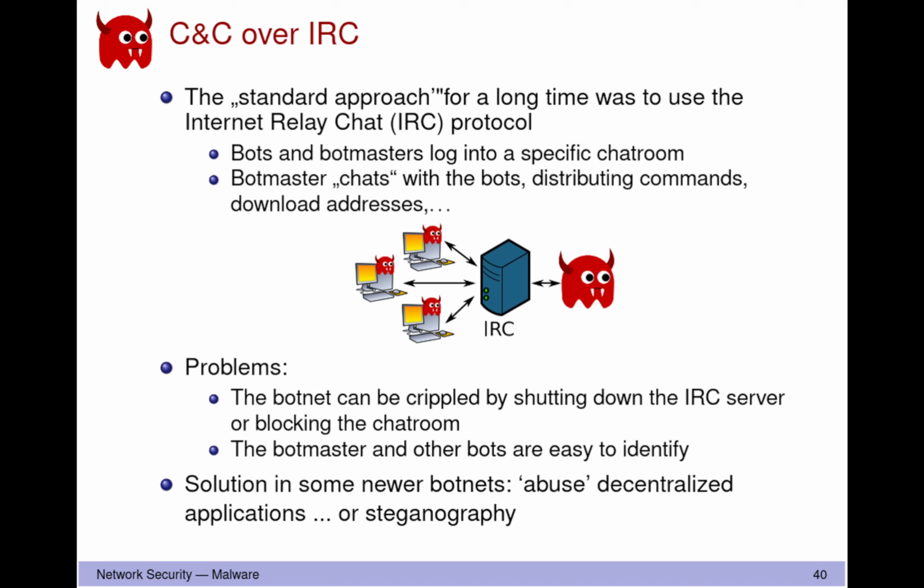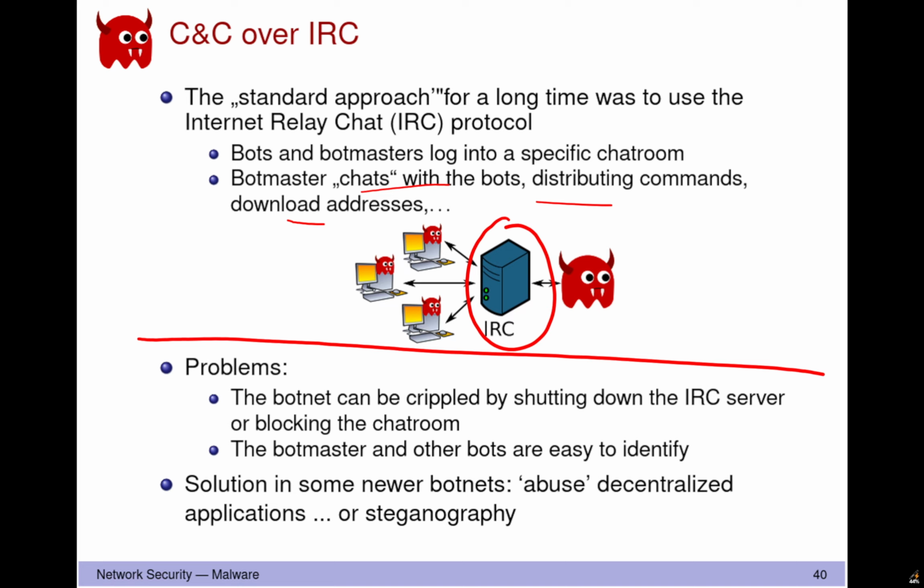Then the bot master can upload his data, and it can be all hidden, of course, using steganography, and the botnet can be accessing this website at specific addresses, and then to look, is there something new that we could utilize. So what are the problems? So the problem is, on one side, this single point of failure.